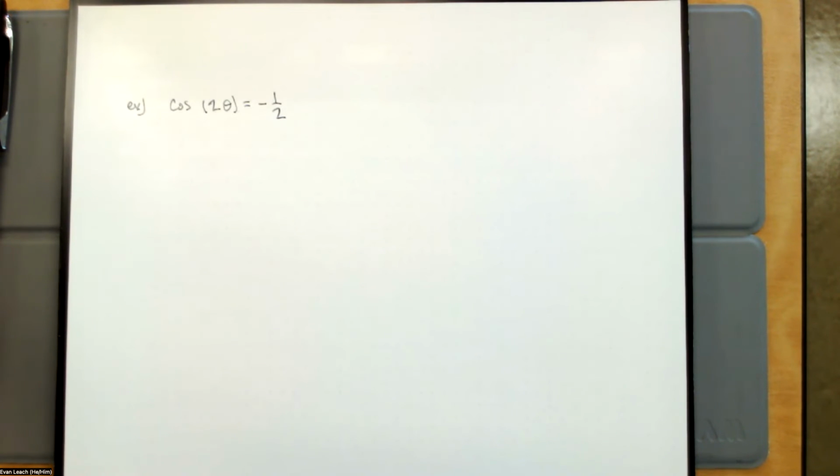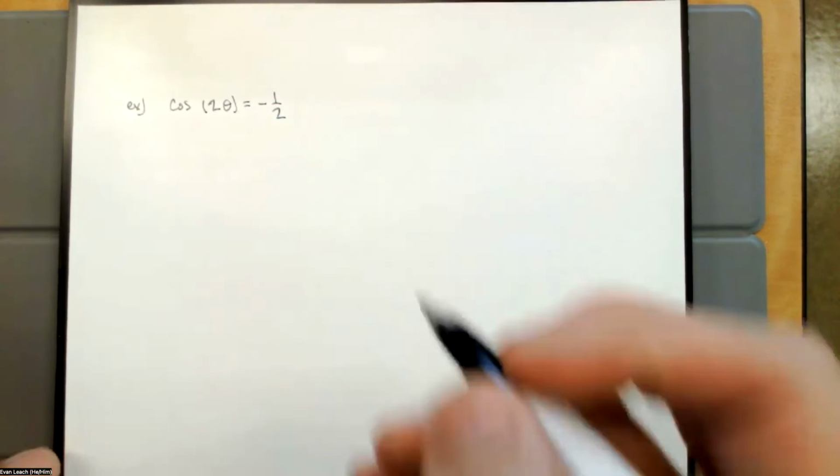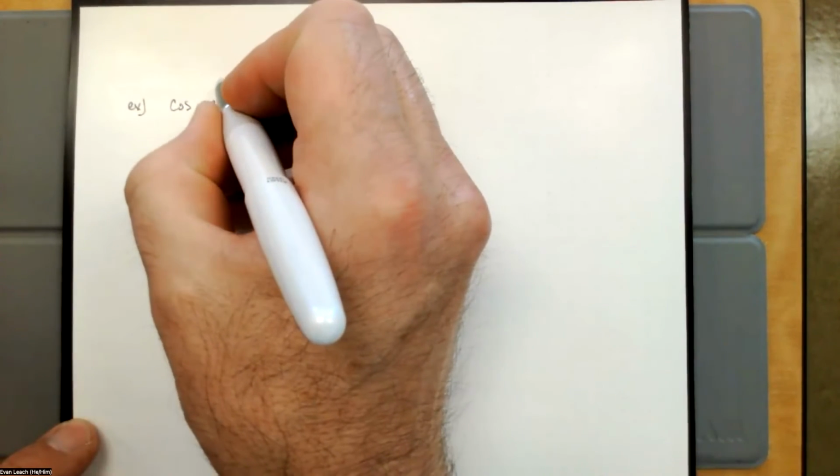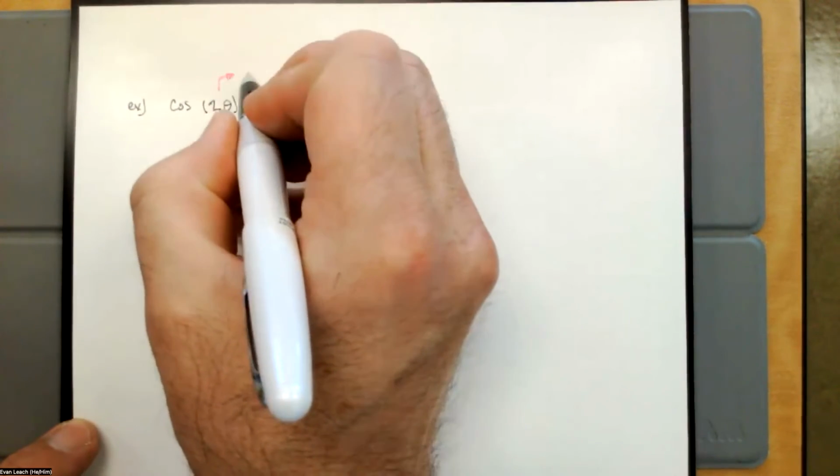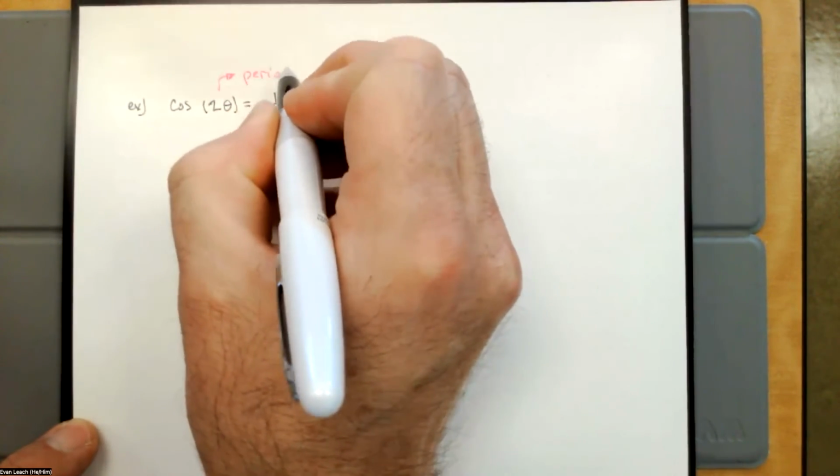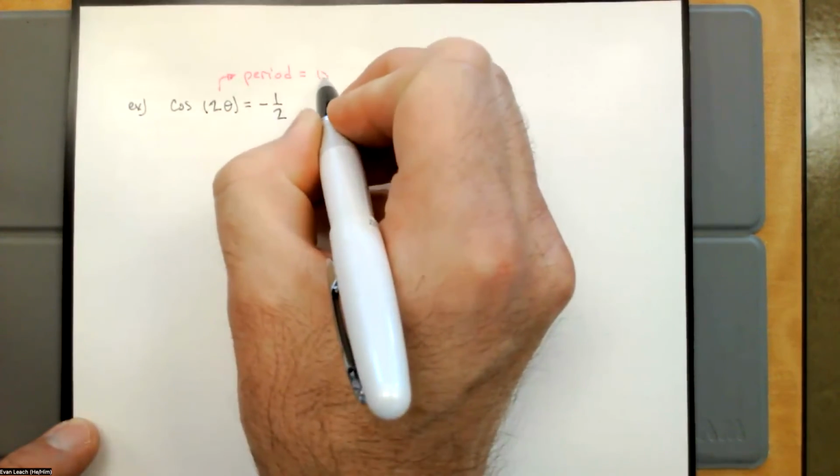Now I'm going back to the -1/2, so we would still pull the nice easy 60. And I'm changing the coefficients. This is going to show up in a couple places. First of all, the period is now 180 degrees.